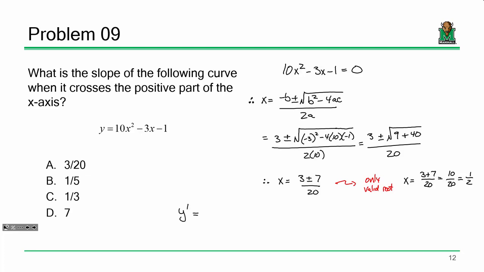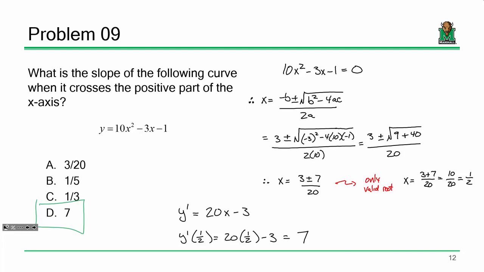So what is the derivative of that function? So we take that value and plug it into this expression, right? So y prime of 1/2 is 20 times 1/2 minus 3, which is 7.